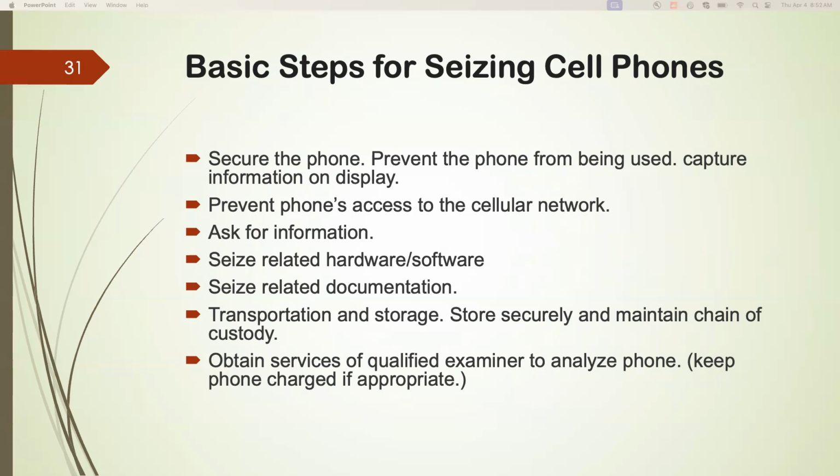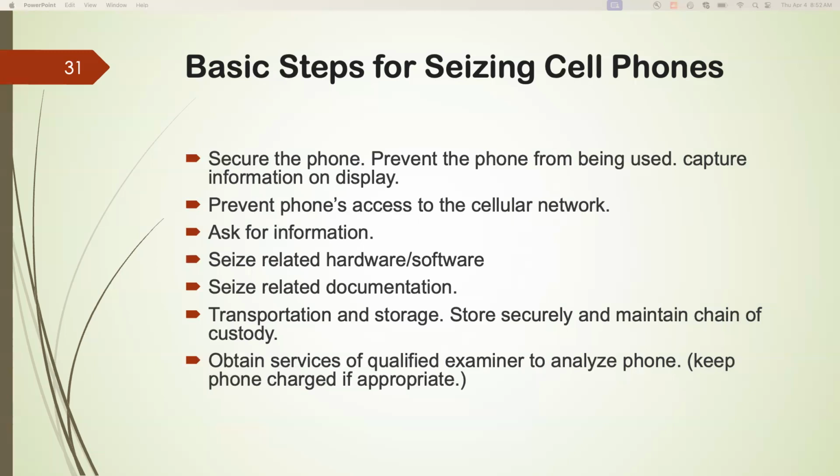First of all, the most important step is that you need to secure the phone. I will talk in detail about what it means and why it is important. But the idea is that from the moment that we confiscate or get the mobile phone as evidence, we want to make sure that there is no communication whatsoever with that device anymore. There are multiple ways to do that, and there are multiple consequences if we don't do that as well.